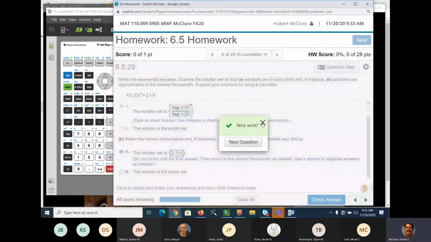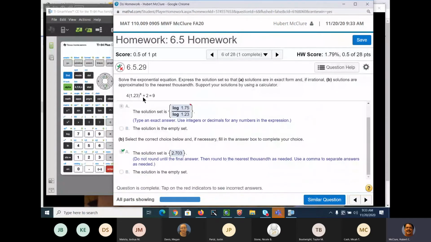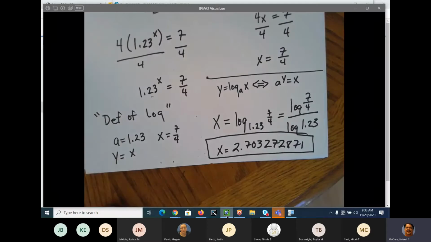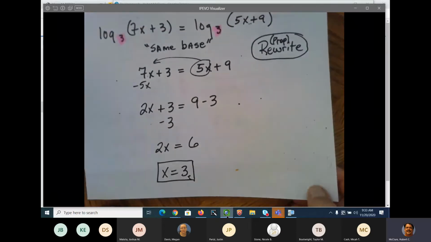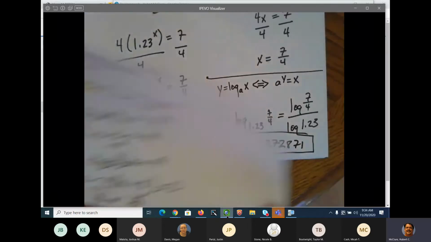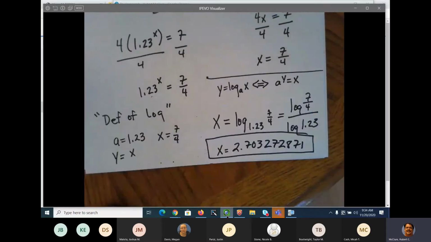So that's a good test question. Now that's an exponential. There's two types, an exponential and a logarithm. We've done two logarithms. First logarithm, second logarithm, and this is an exponential.